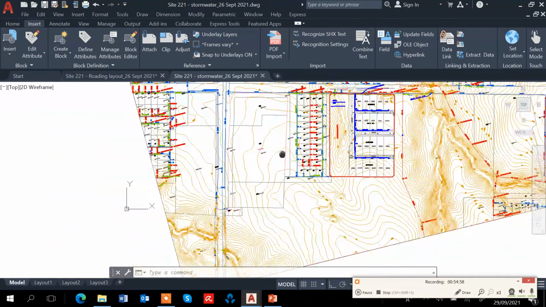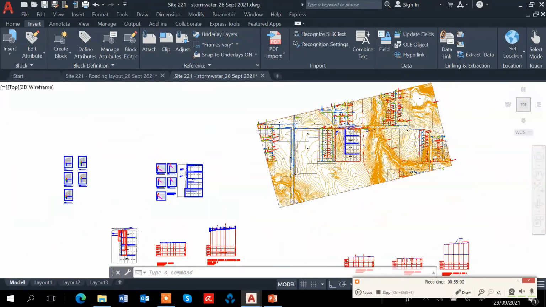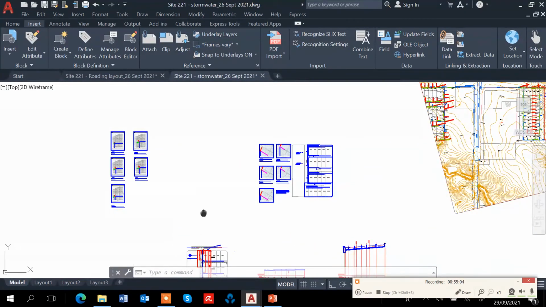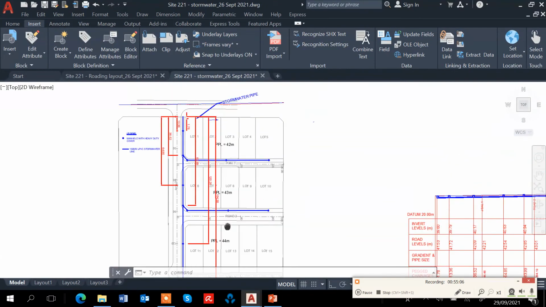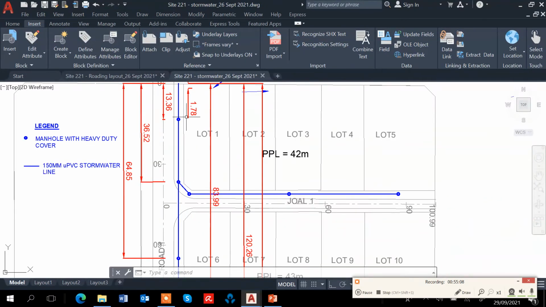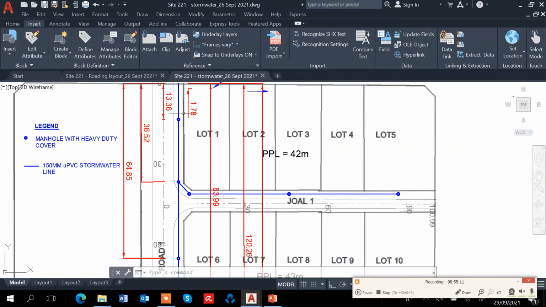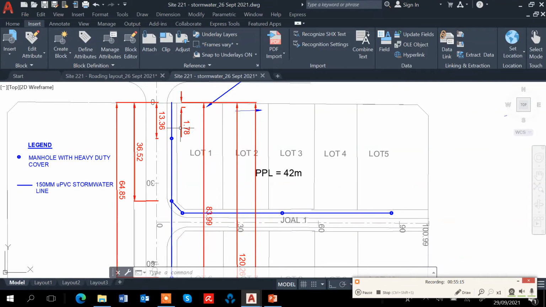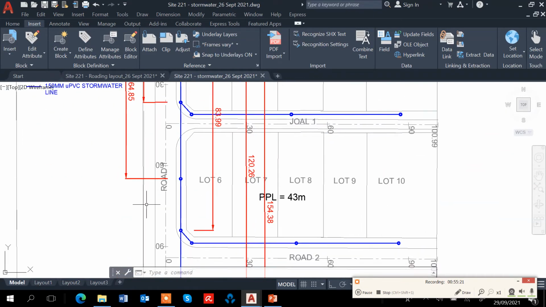So I use the dimensions to find the changes. So I just get it from the beginning. So I got all the changes to the middle of the manhole. I got all the changes.